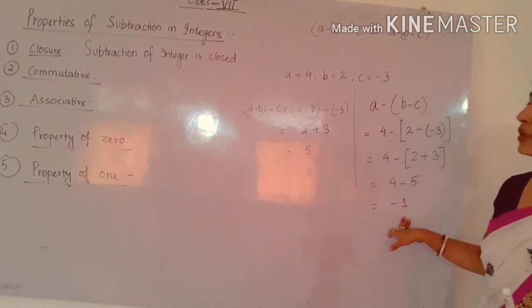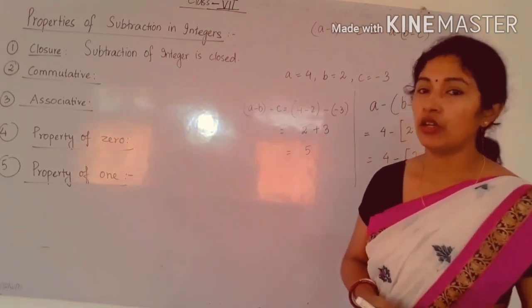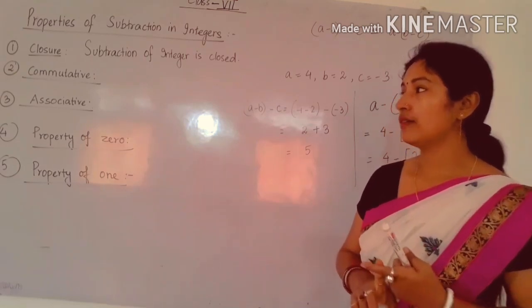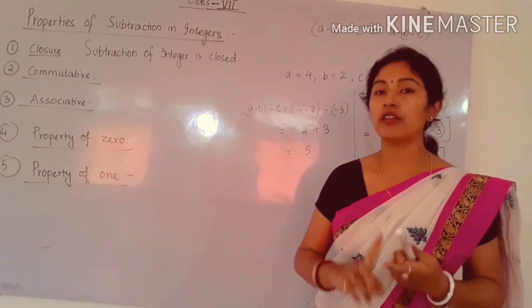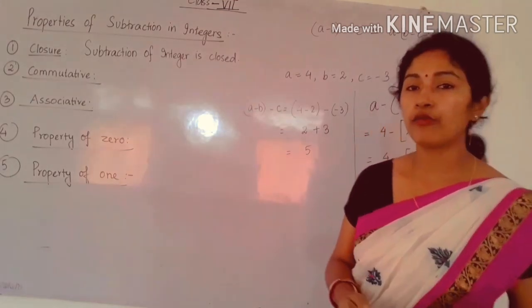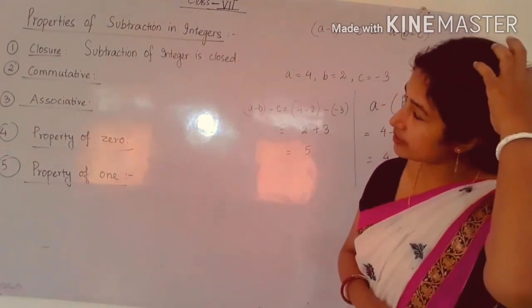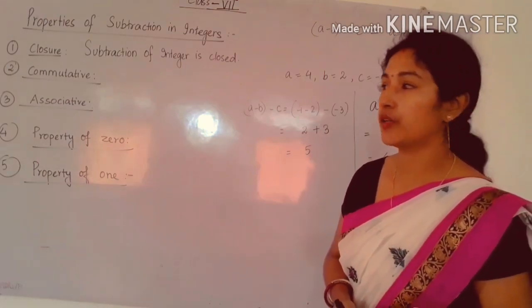So the associative property is also not satisfied in the case of subtraction of integers. Always remember the most important thing: if the commutative property is not satisfied, then the associative property will also not be satisfied. Already I told you in your previous class, class 6, that if the commutative property is satisfied, then the associative property is also satisfied.